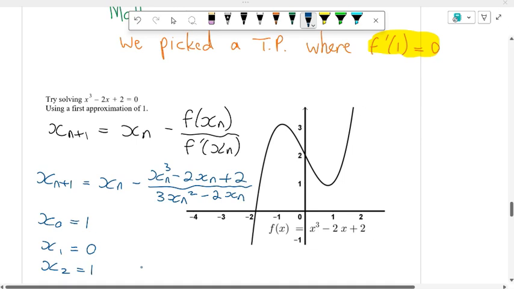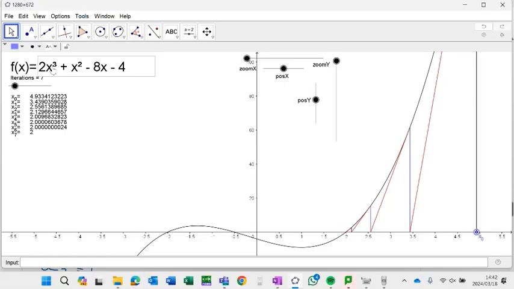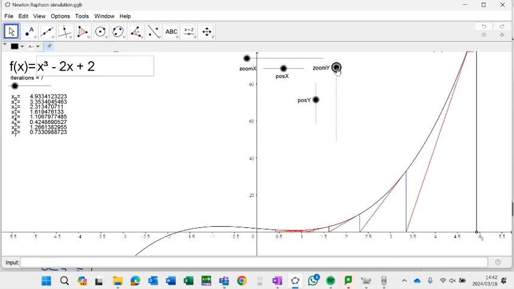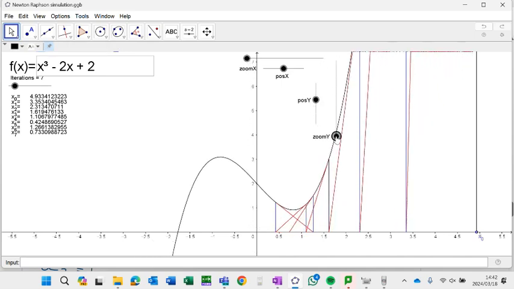And I'm going to show you this one because it's actually quite cool. What is it? It's x cubed minus 2x plus 2, and what we're trying to do is find the x-intercept. I'm just going to zoom in slightly.